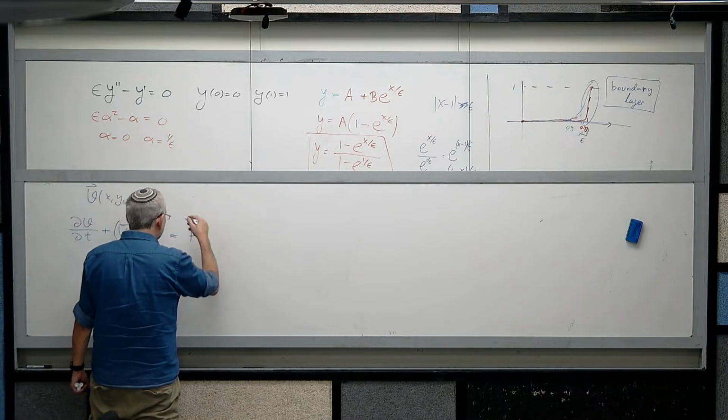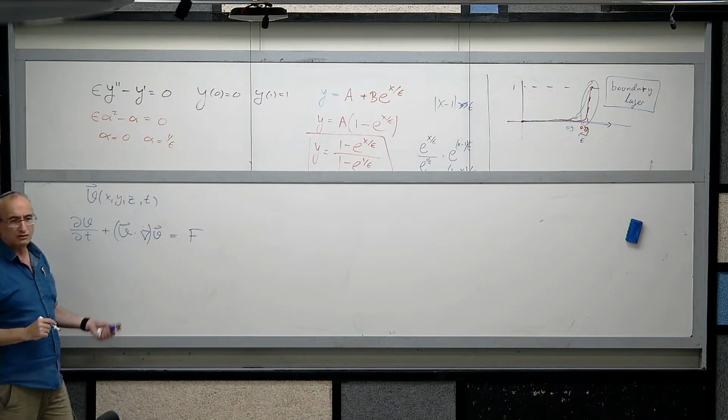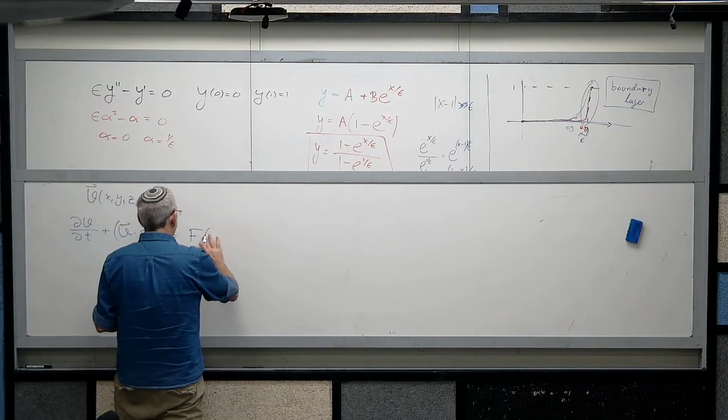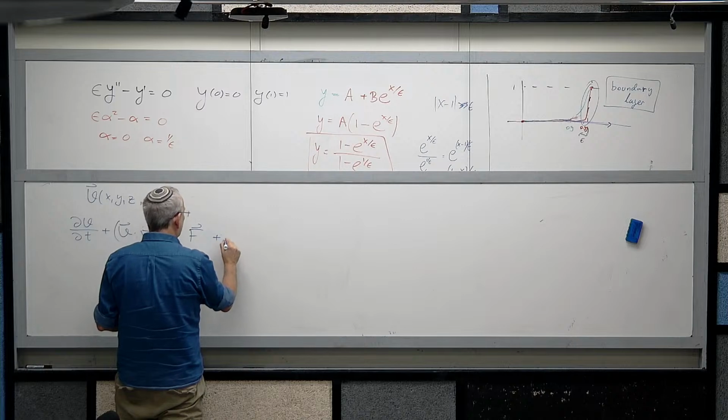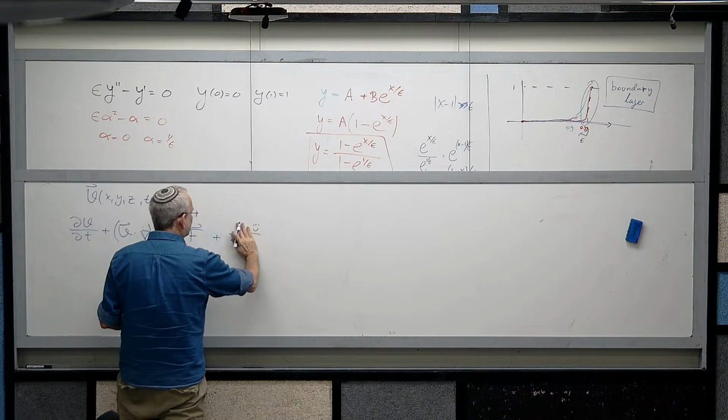Let's write F, although usually people write here the gradient of pressure or something, some force acting on the fluid that depends on x, y, z, and t also. And what's important is that we have here something like nu times the second derivative of V, the Laplacian of V.